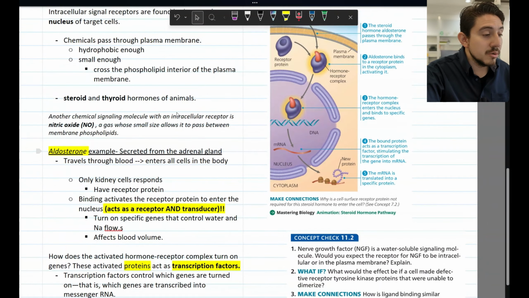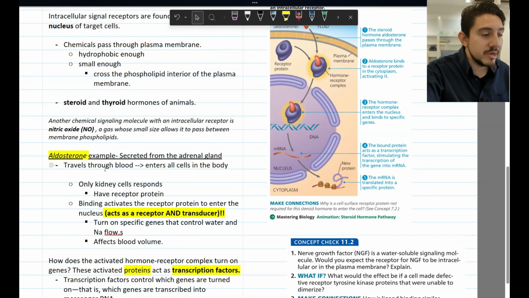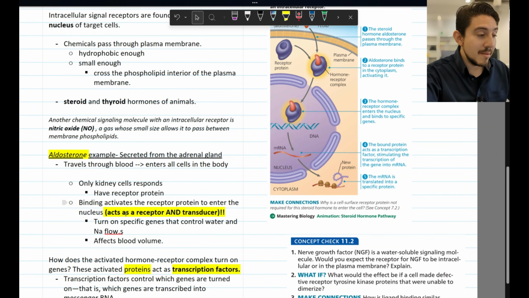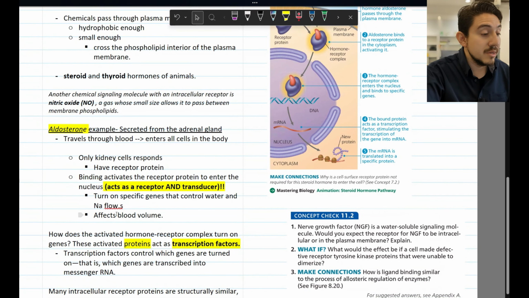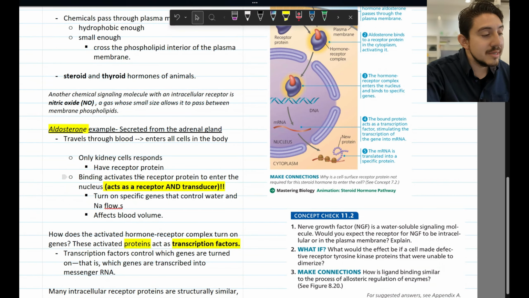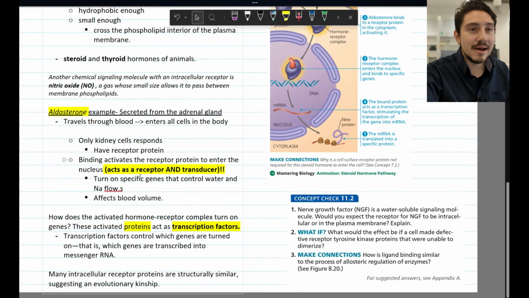It is secreted from the adrenal gland, goes into the bloodstream, and passes through the whole bloodstream to all the cells in the body. But if you don't have the receptor, nothing's going to happen. So only kidney cells respond because they have the adequate receptor protein.